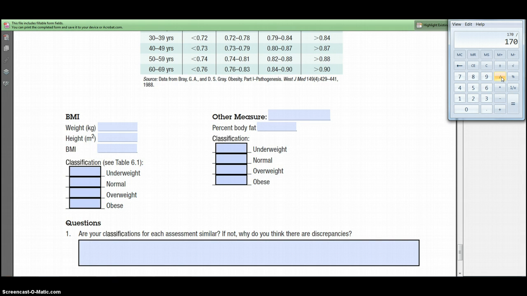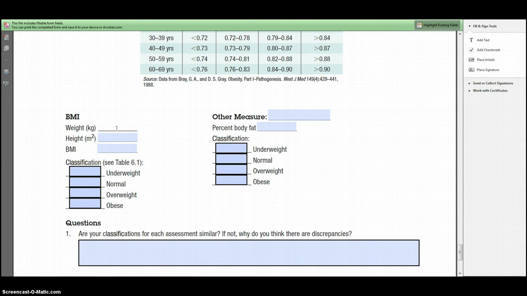And what that means is for every 1 kilogram, that's equal to 2.2 pounds. So if I know my weight in pounds, which is 170, I'm going to divide that by 2.2. And again, you notice I end up with 77.27 or 77.3. Go ahead and put that number in.